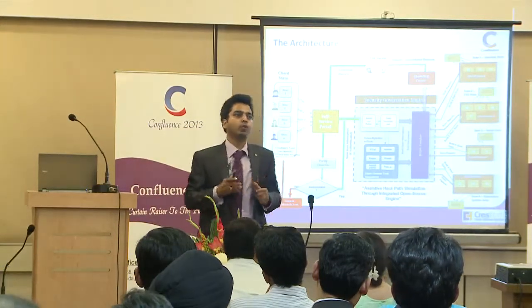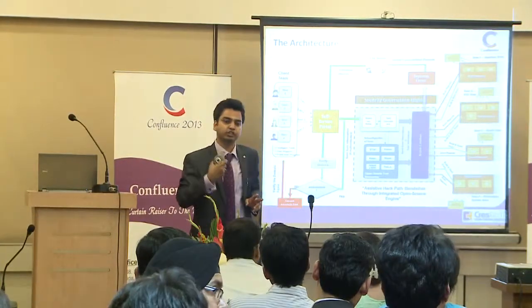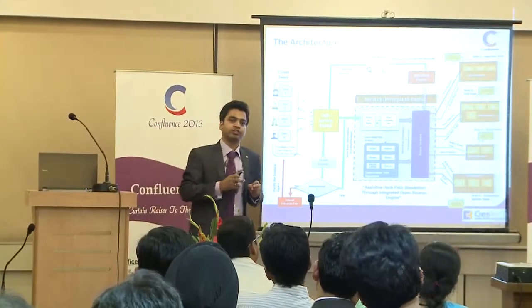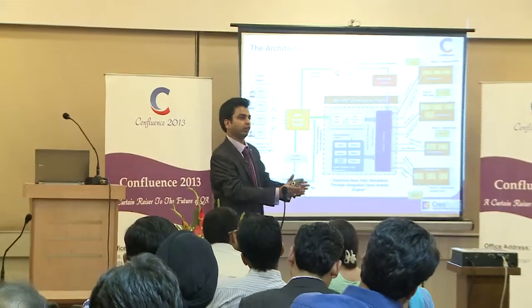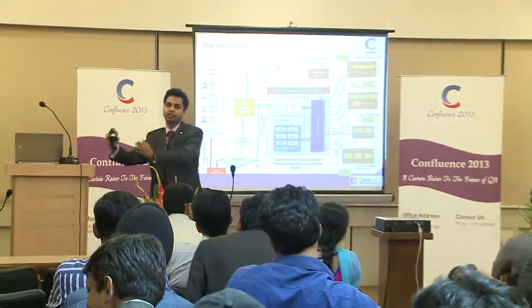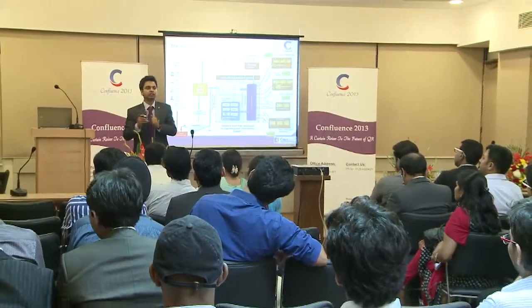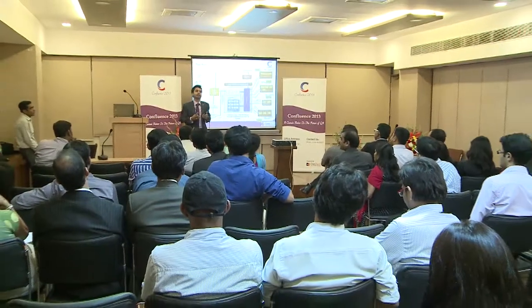When I talk about open source tools, there are primarily two key challenges in security testing that these tools possess. Number one, most of these tools are restricted on technology. Either one tool would work best with .NET, another tool would work best on a Java platform, and a third might work best on a PHP application. And the second is that these are restricted on the type of vulnerabilities that they can identify.